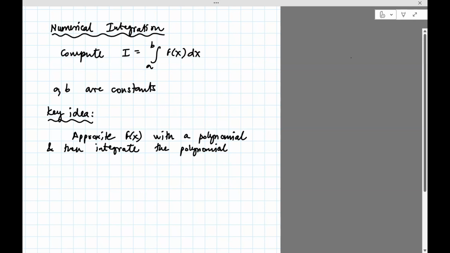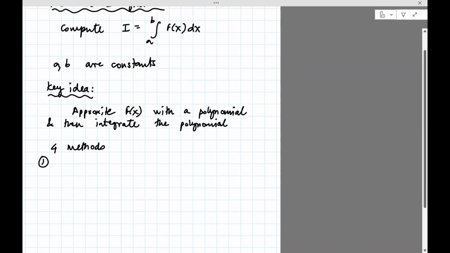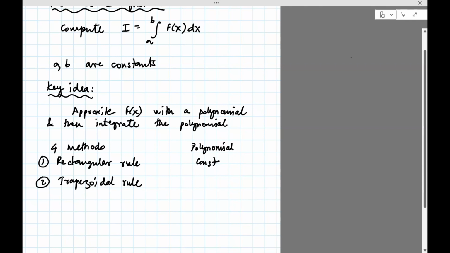Now we look at four methods to do this. First one is known as the rectangular rule for integration. The second one is the trapezoidal rule. That will become very clear once I show you the expression for that. The rectangular rule basically approximates the function with rectangles, which means that the polynomial involved is a constant.